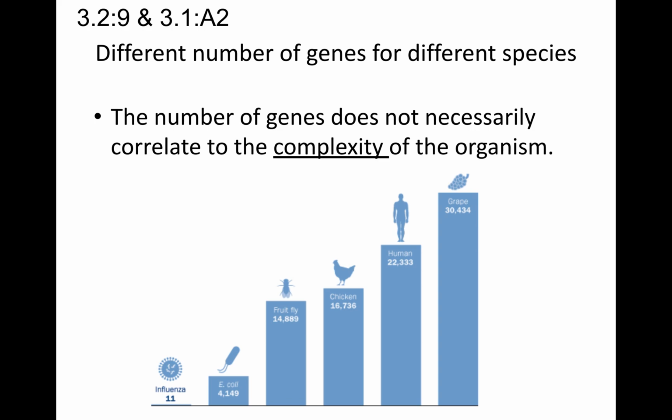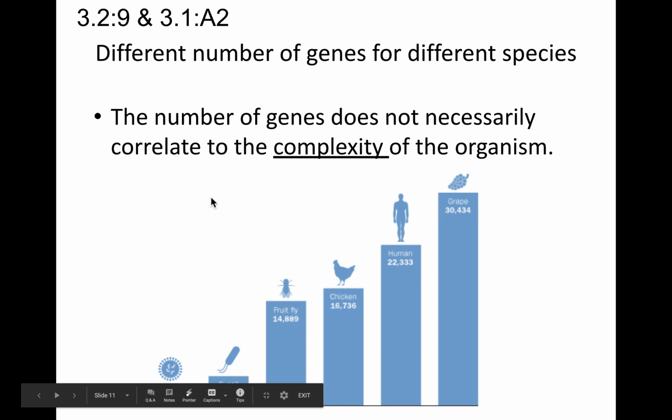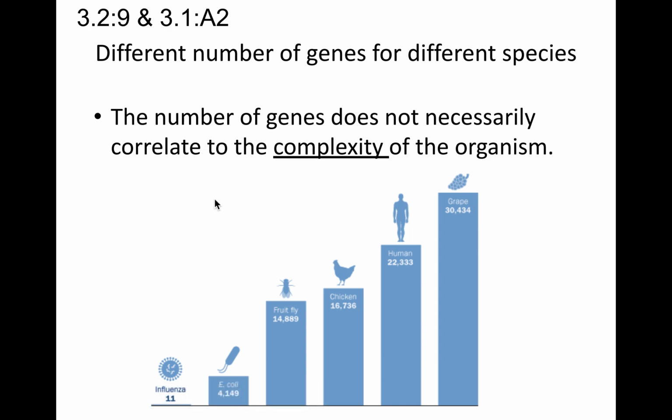For example, here you see the influenza virus on the lower portion, and it only has 11 genes as opposed to a grape, which has 30,434 genes that it can express, where a human has 22,333. Now, I would think we're more complex than a grape, but they have more genes that could potentially be created.